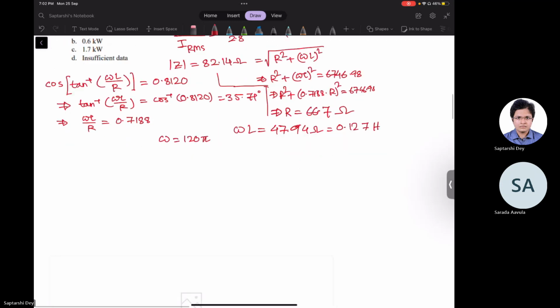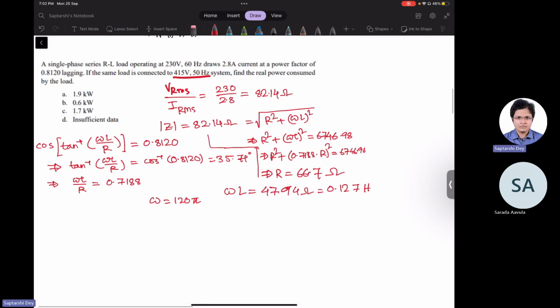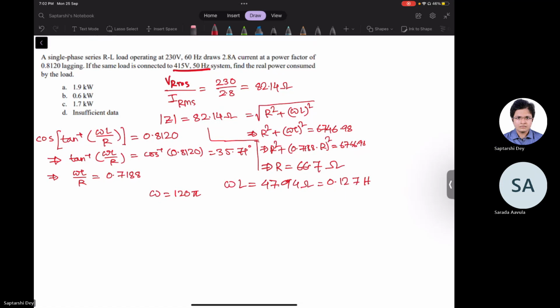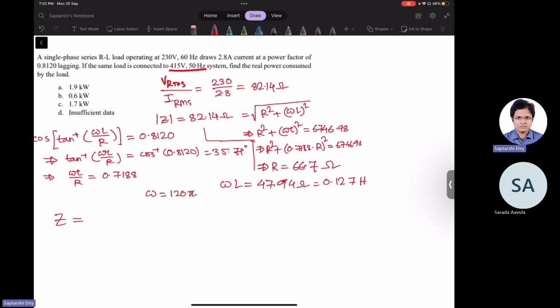So our new Z at 50 hertz will be R is same 66.7 squared plus omega is now 100 pi times 0.127, which gives us 77.7.